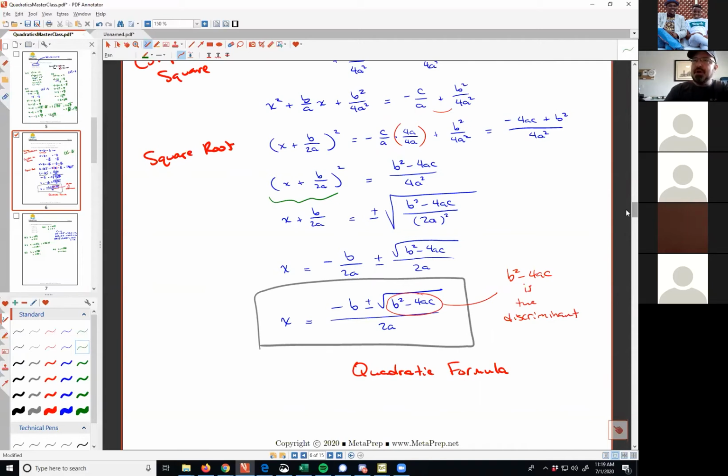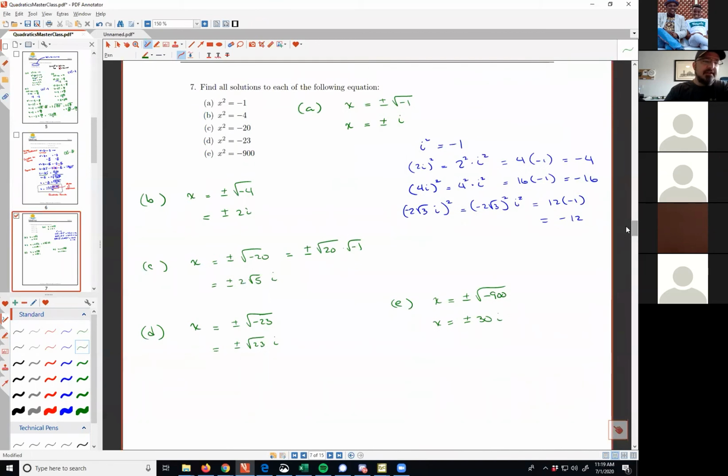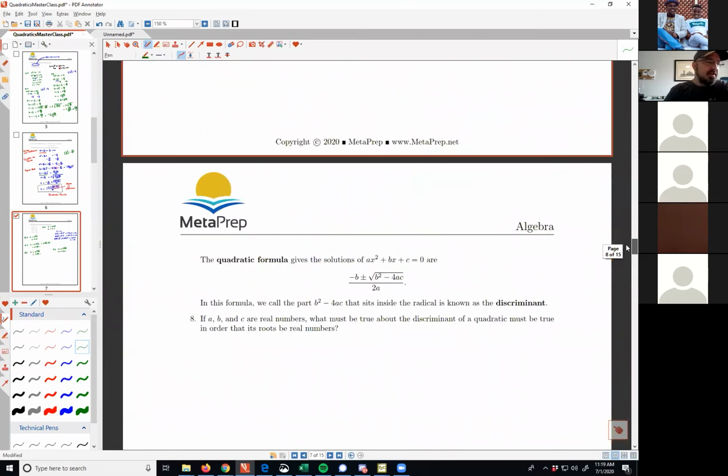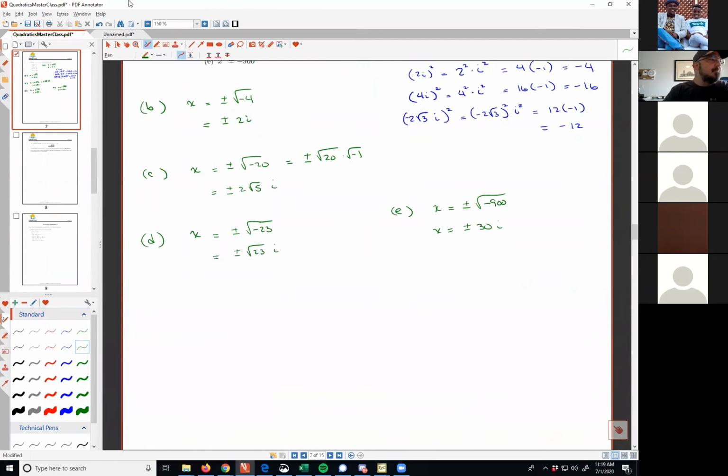Those solutions are not the usual numbers that we deal with. They're not necessarily real numbers, but we can still find solutions. All right, so we have this new type of number, this imaginary number. Let me think for a moment.